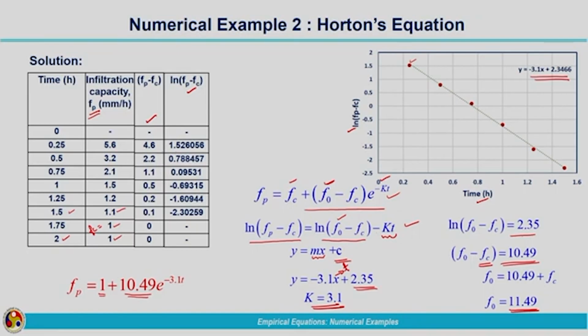So, from the infiltration data given to us, we have calculated the Horton's parameters. The way in which we have proceeded, we are taking the natural logarithm, and after that we get the equation in the form of a straight line, and for the data we fit a straight line, and comparing these two equations we can find out the parameters related to Horton's equation.